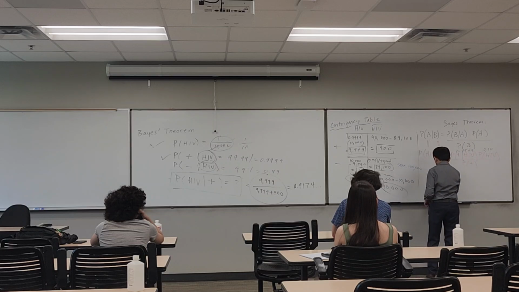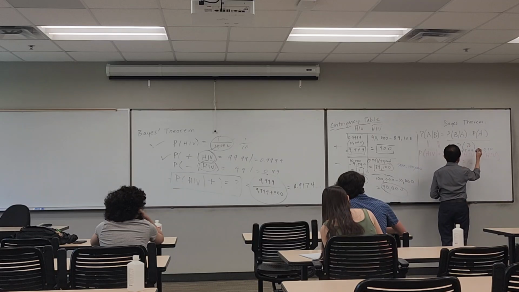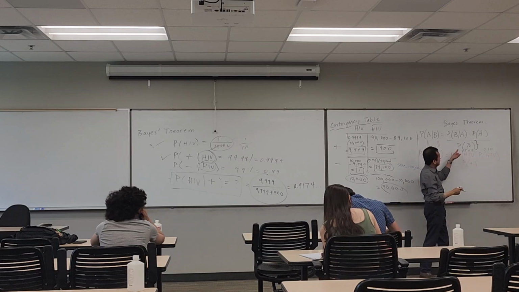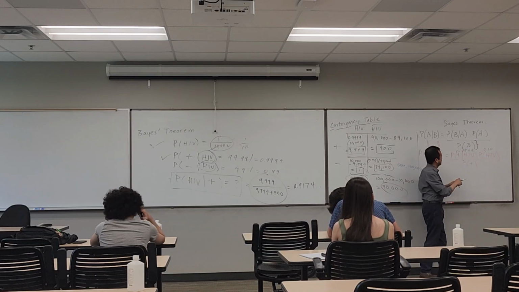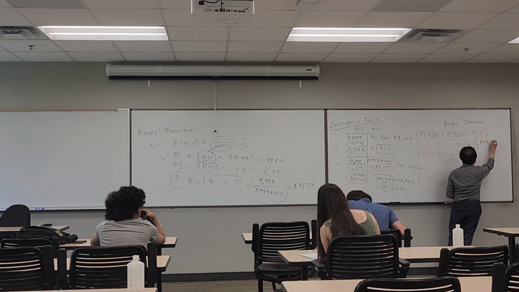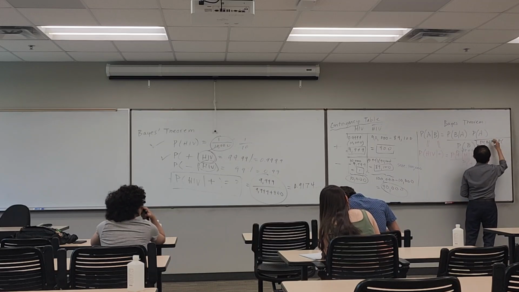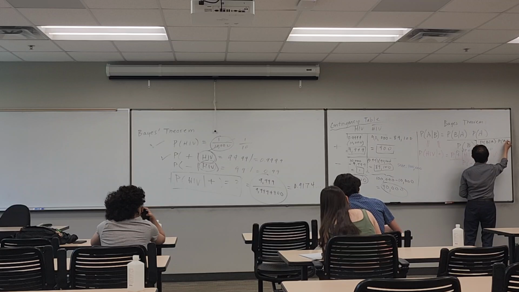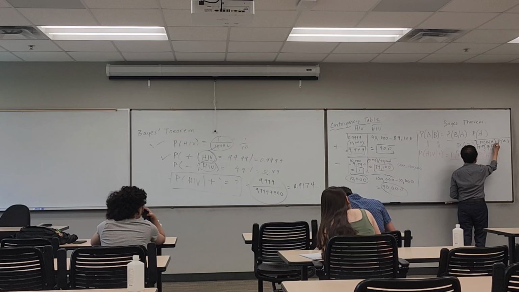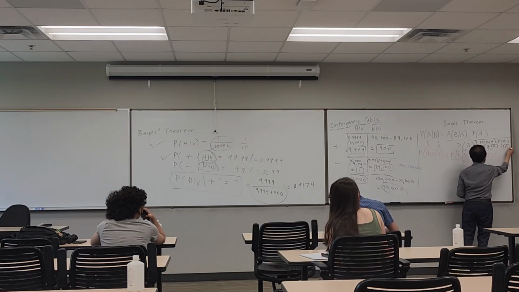Okay, and so because of this, there are also different variations of this formula. It turns out that this part here, the probability of B, actually expands out into this.